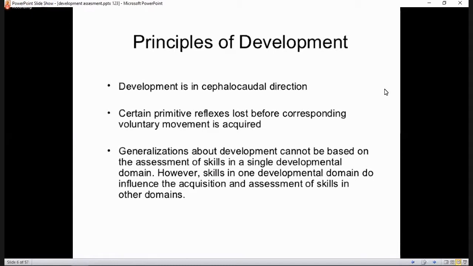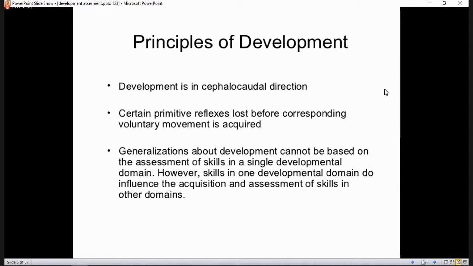Generalization about development cannot be based on assessment of the skill in a single development domain. So there are different development domains also. We will discuss in the subsequent slides. Usually we follow the Denver development scoring test, in which we have 5 major domains: motor, in which we have gross motor, fine motor, a speech component, a social component, and a visual component.